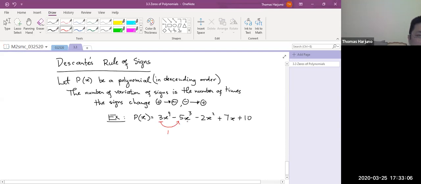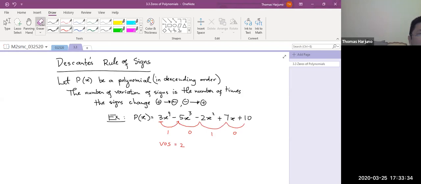Positive becomes negative, that's one time. Negative becomes negative, there's no change of sign. Negative becomes positive, there is a change of sign. Positive becomes positive, there is no change of sign. So the variation of signs here is 2. Is it okay? Now that's for the variation of signs.